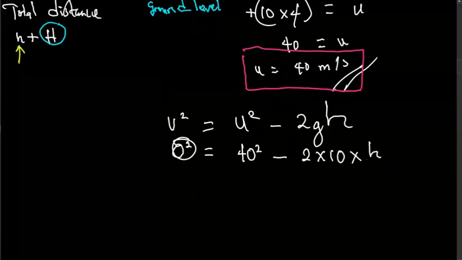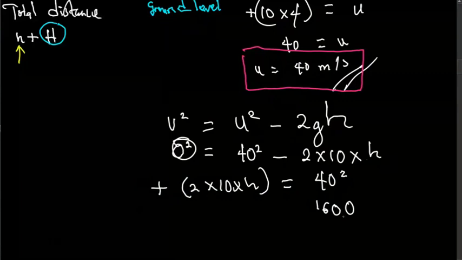Now move minus 2 times 10 times H over to the other side. We're going to have plus 2 times 10 times H is equal to 40 squared. 40 squared is what? 1,600.